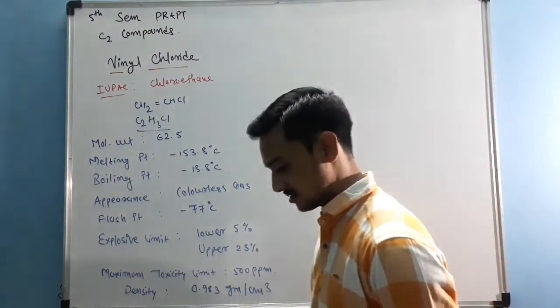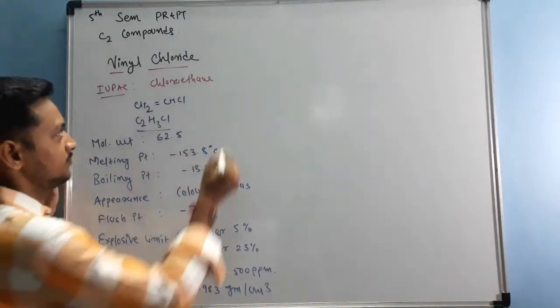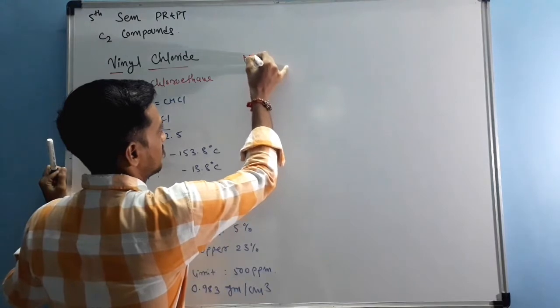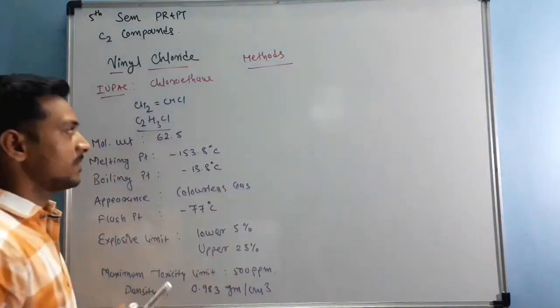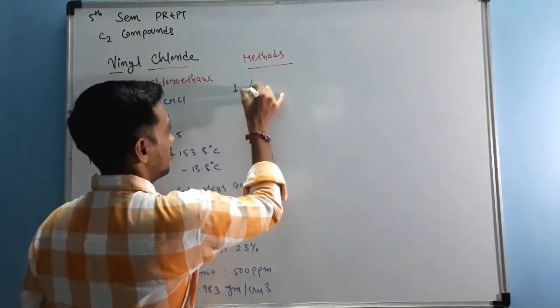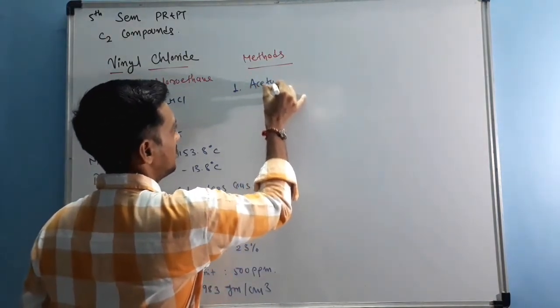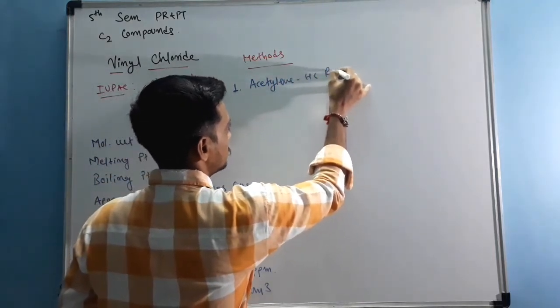Now let's discuss methods of production. So first method is acetylene HCl reaction.